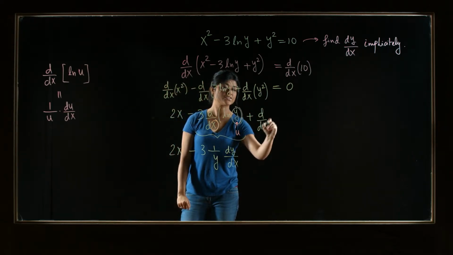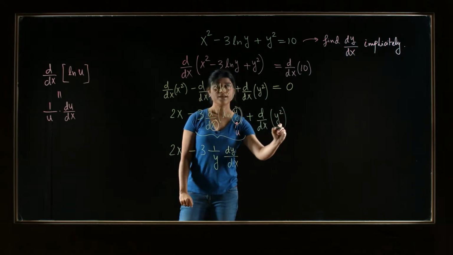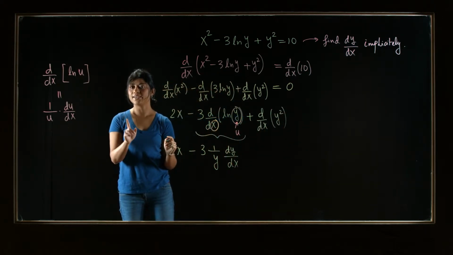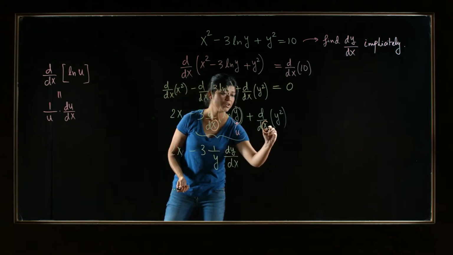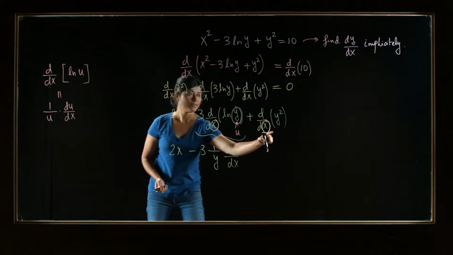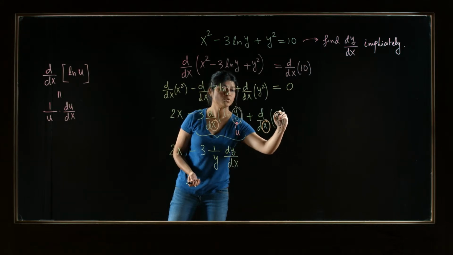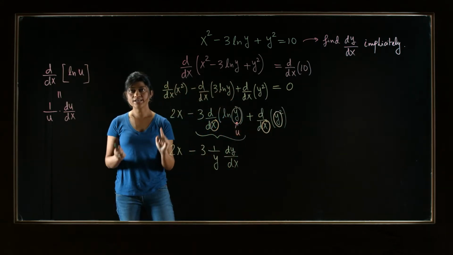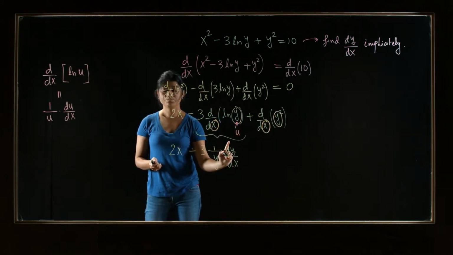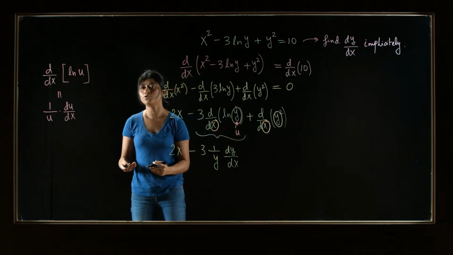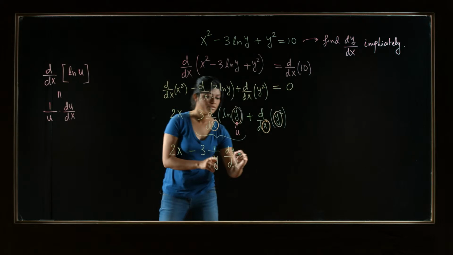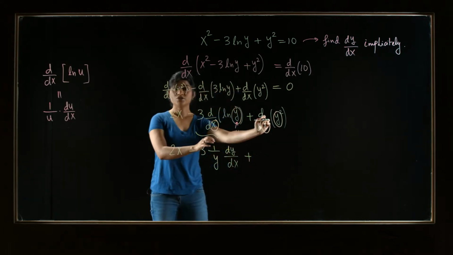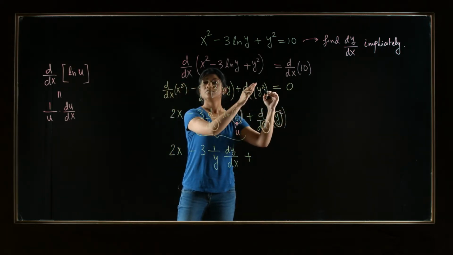This is d dx of y square. And notice the same thing happening again, right? We have to evaluate derivative with respect to x, but we have a different variable y. So again, you have to be careful. You can't just apply the power rule, but it's a chain rule. So first, consider the power rule.